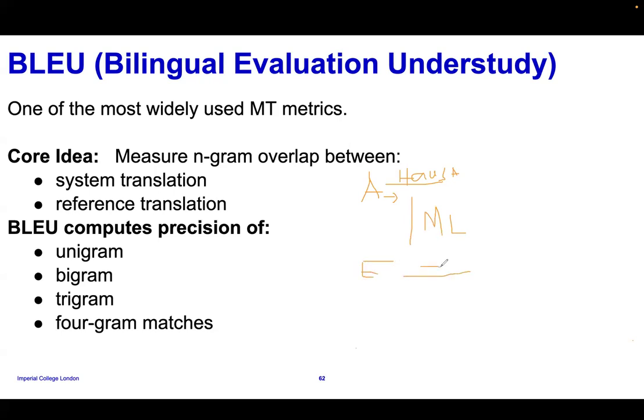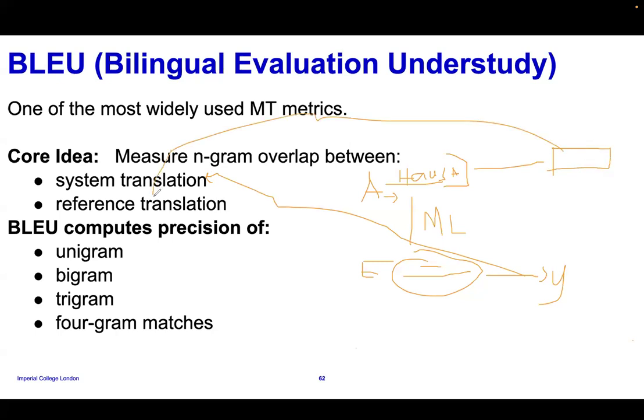This one, which the machine learning system translated, is what we call system translation. But for my original Hausa that I want to translate, because I want to evaluate how good the machine learning system is, I already had it translated by a human. This translation by a human is what we call reference translation.